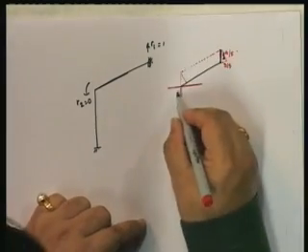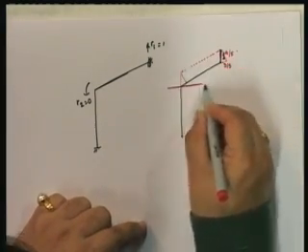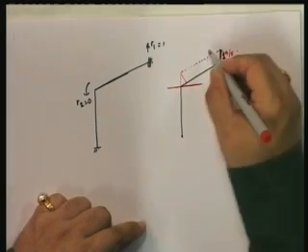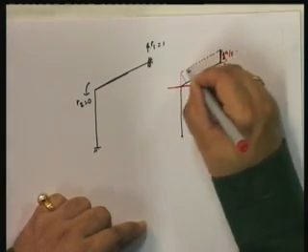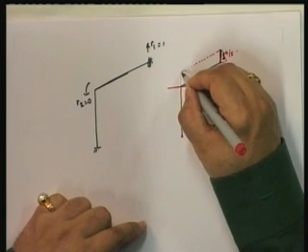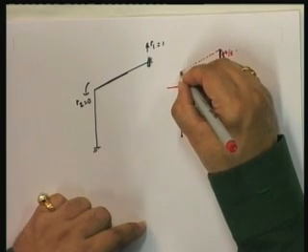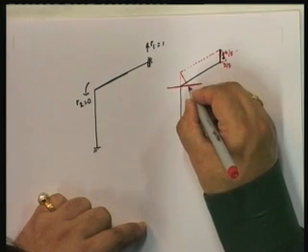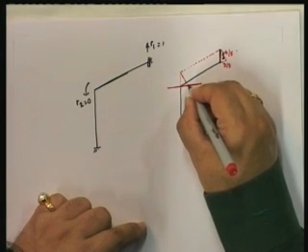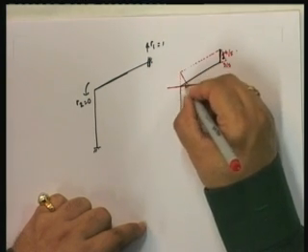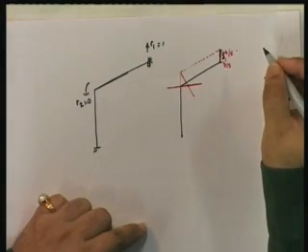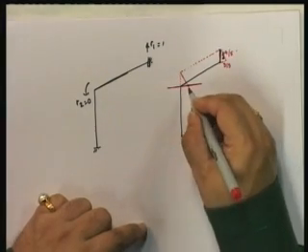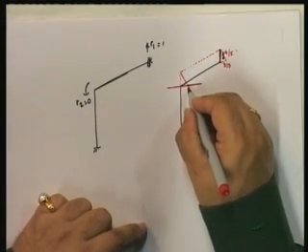But this cannot go there because this point can only move along this line. So what has to happen? Since this member is this way, the only way this member can move is along this. And when we take it along this, that is the point where this member is going to be.